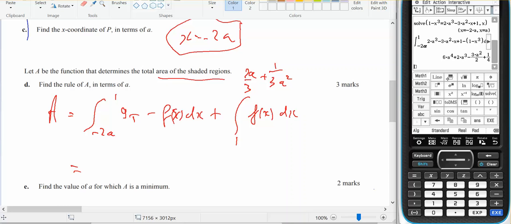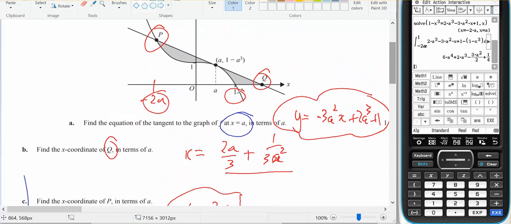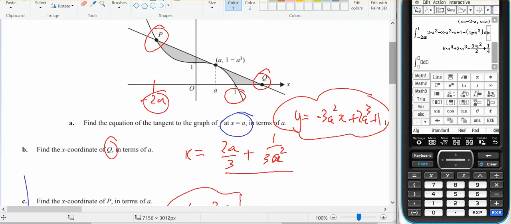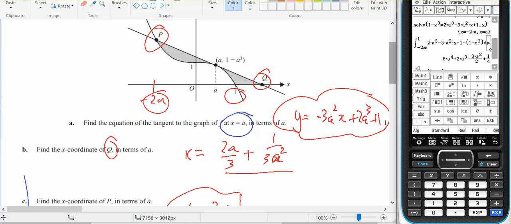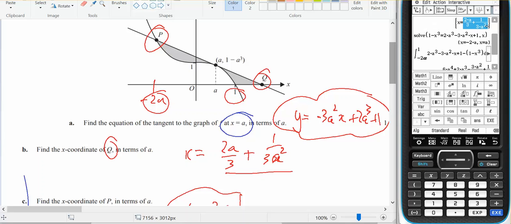And then the last little bit is from 1 to this, so the integral of the straight line from 1 to the intercept, which is this.